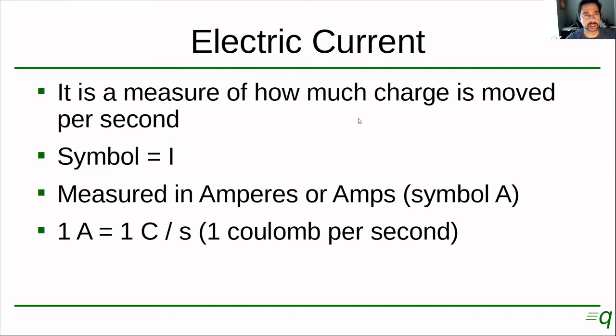We will see some equations next class that will involve the value of the current, and that's going to be symbolized with a capital letter I. Current is measured in amperes or amps, and the symbol for the unit itself is a capital letter A. 1 ampere is 1 coulomb per second. Remember that current is a measure of charge moved per second, and charge is moved in coulombs. So 1 coulomb per second is 1 amp.